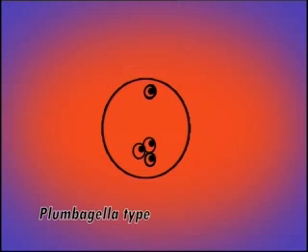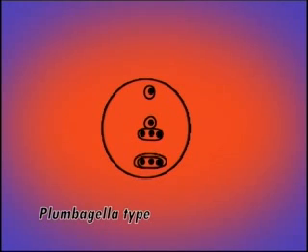The 2nd type of this is Plumbago type. After the nuclear fusion, by a single division of each nucleus, 4 nuclei are formed, 2 at the micropylar end and 2 at the chalazal end. One of the haploid nuclei at the micropylar end functions as the egg, and the other one functions as the upper polar nucleus.